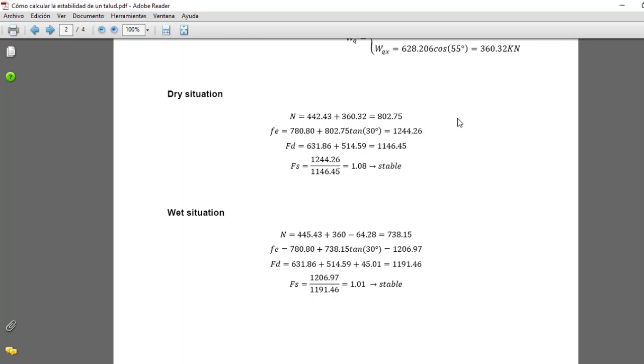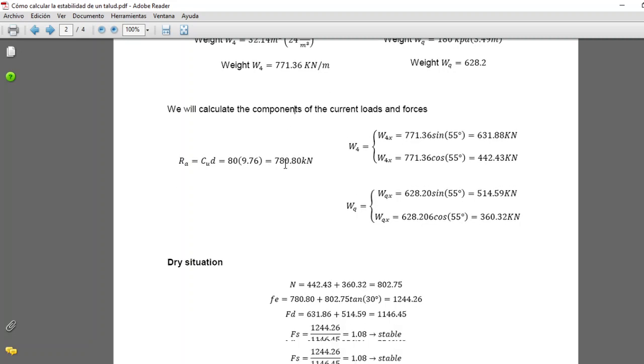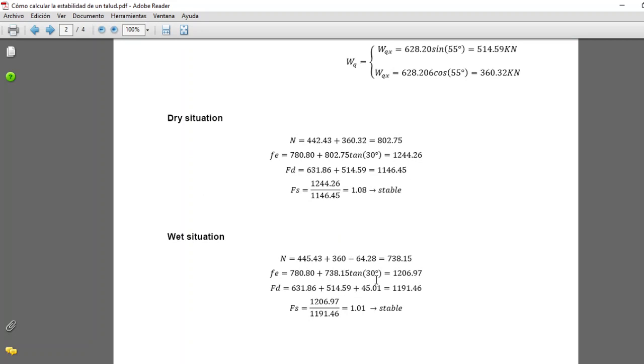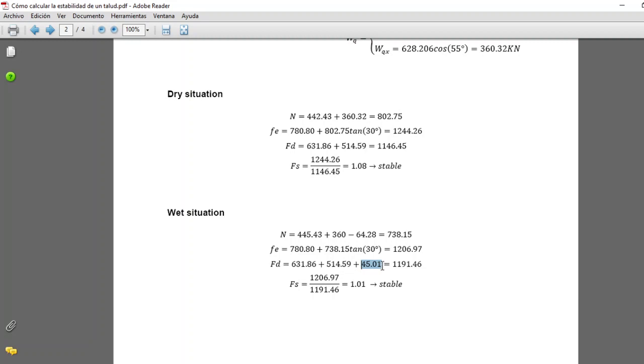And for the EX, because we need to calculate the same situation of the components of X and Y, the E value is 78.44 by the cosine of the same angle 55 degrees, and we have the result 45.01.